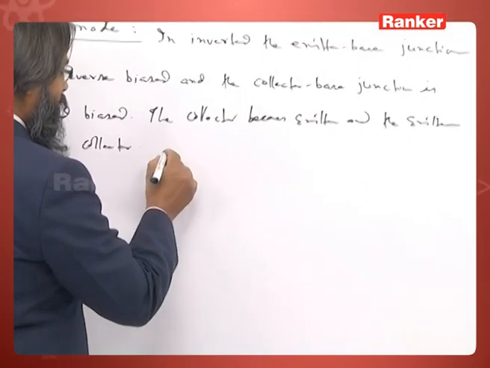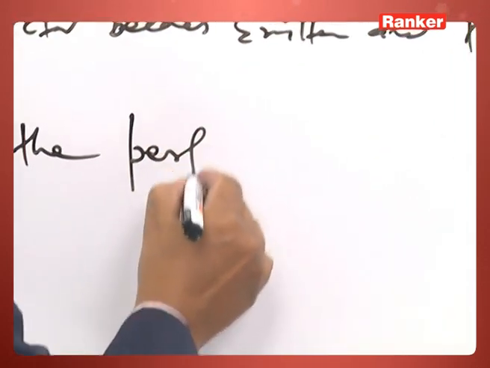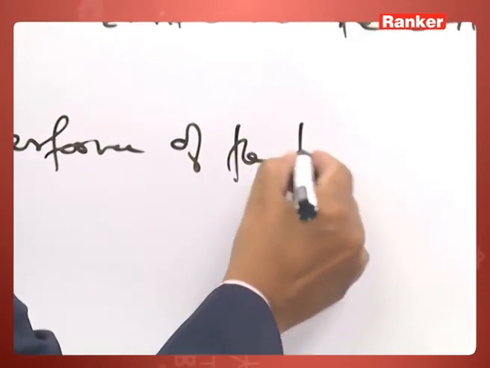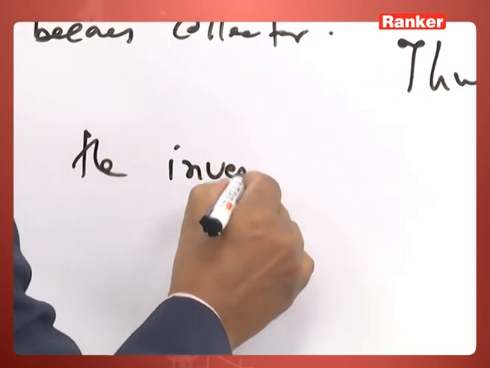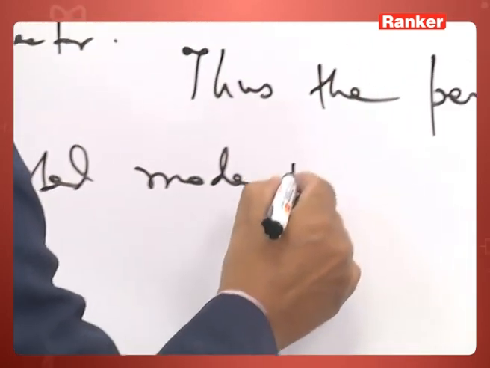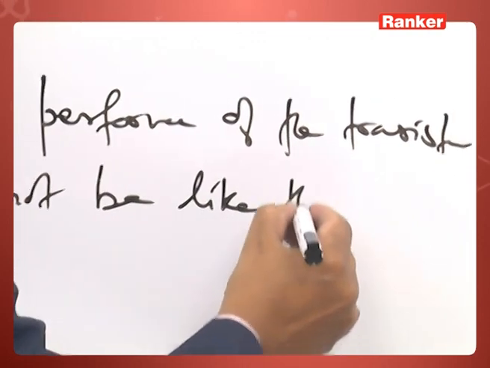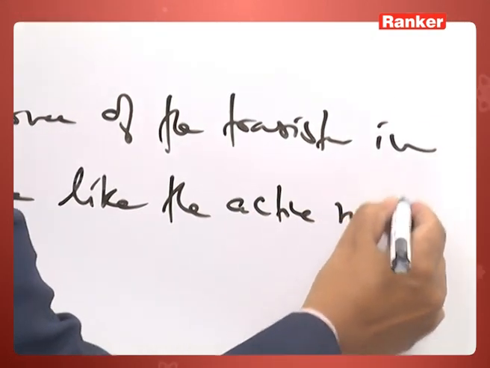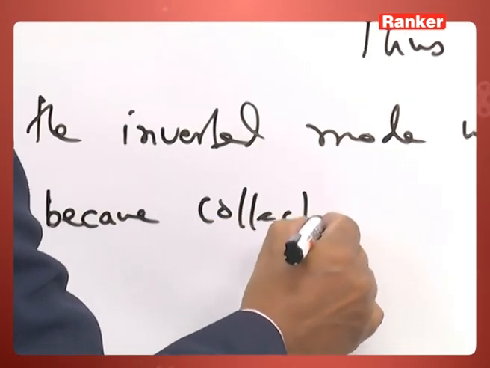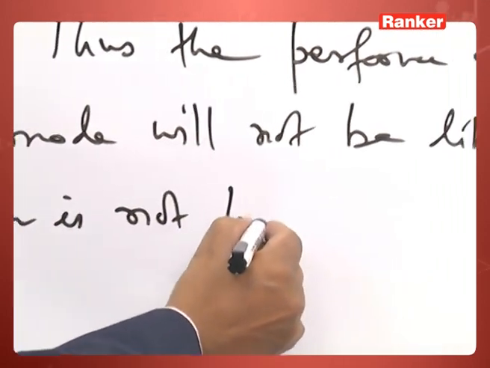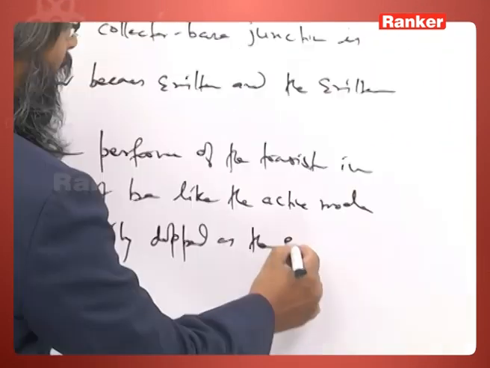So, thus the performance of the transistor in the inverted mode will not be like the active mode because collector is not heavily doped as the emitter.